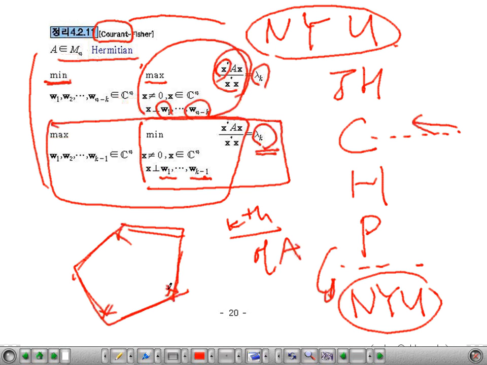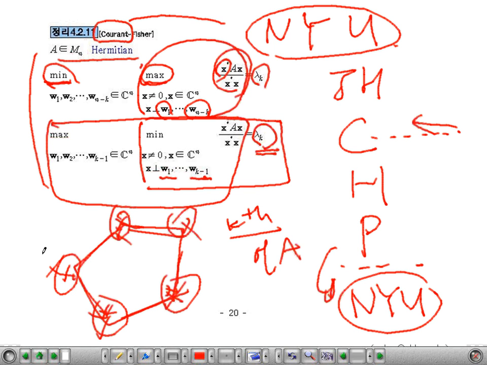Since it's a continuous function, we know these extreme values are achieved at these vertices. So we only need to worry about those critical points, those vertices, to find this minimum and maximum. These are all the start of linear programming. When linear programming started during the Second World War, these were the basic research to support all of that.